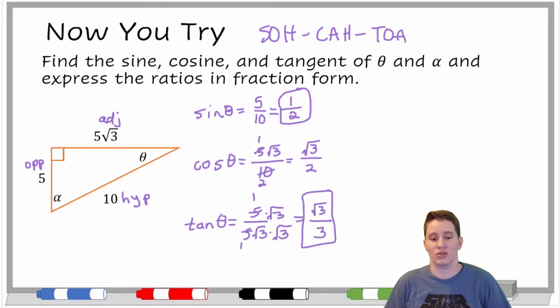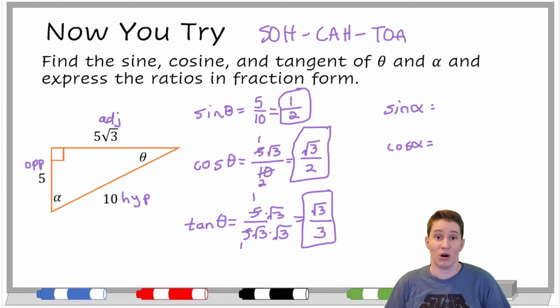So here are our sine, cosine, and tangent values for theta. Let's look at our sine, cosine, and tangent values for alpha. If you were stuck and you've watched the video to get unstuck, you could pause it again, by the way, so that you can try more on your own.